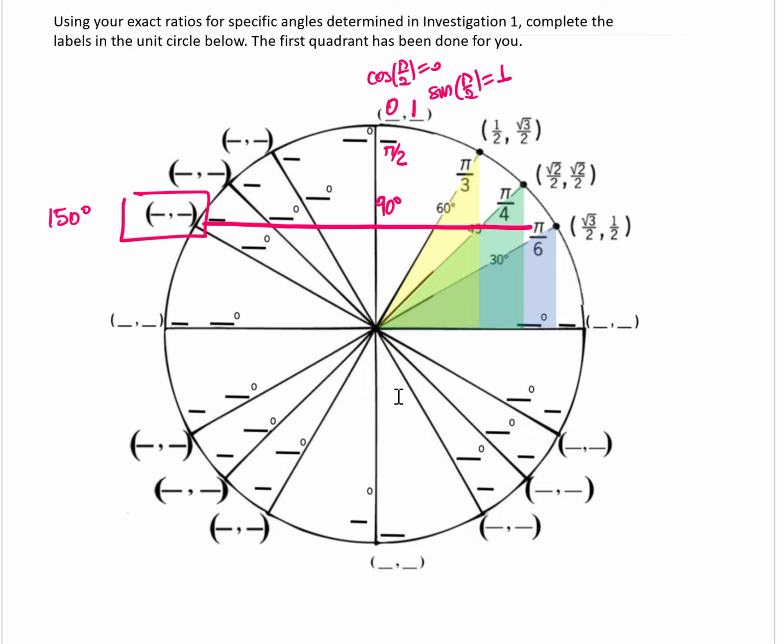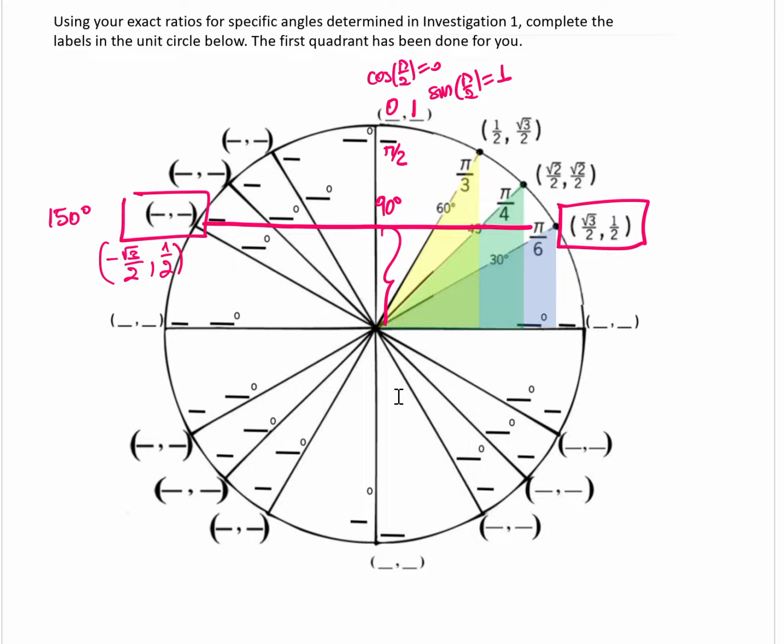The y value remains the same for both angles, whilst the x value becomes the opposite. So for 150 degrees, I'm going to have negative root 3 over 2 for the value of the cosine, and the sine will remain a half.